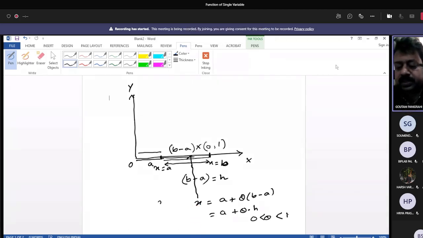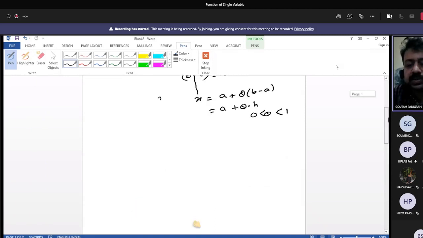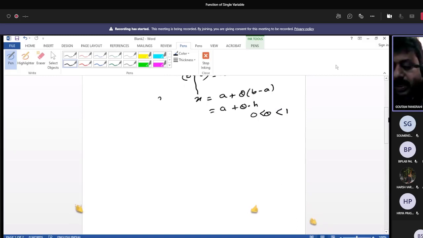Now you have to apply this concept for the solutions of different problems. Basically, Lagrange's mean value theorem is used to perform some numerical approximations.